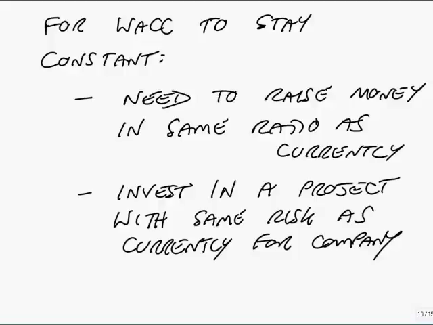Well, the last line is this. If those two things held true, imagine I tell you the weighted average cost of capital is currently 12%. If we were going to raise more money in the same ratio, and we were going to invest in a project with the same risk, if the weighted average is currently 12, would you agree it would stay at 12?